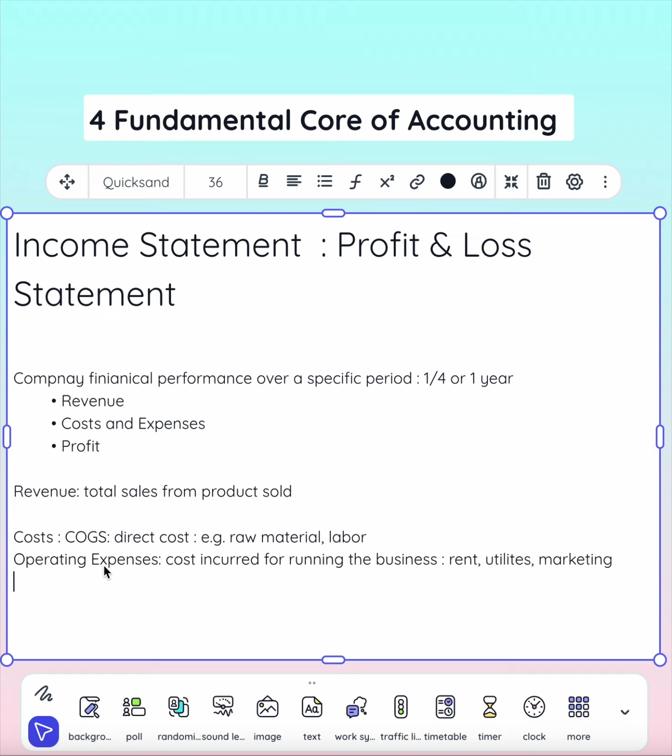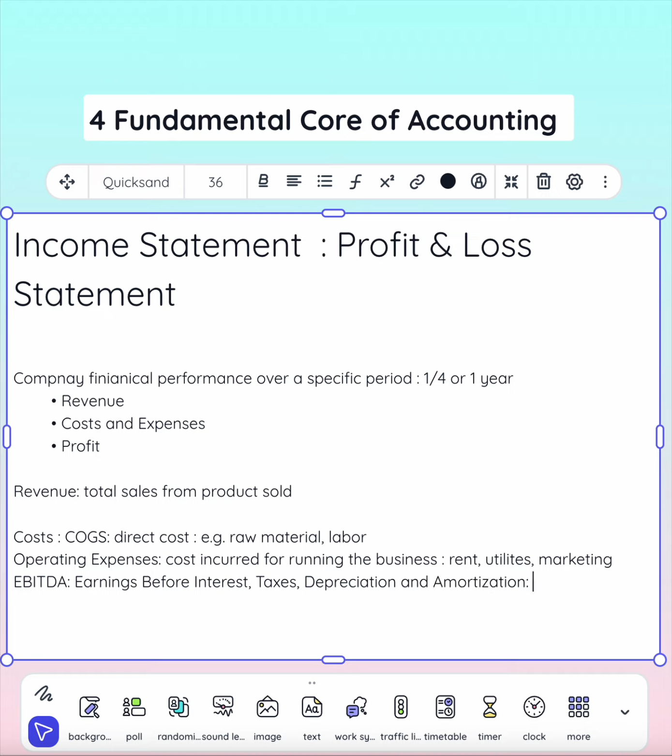Then you have EBITDA: earnings before interest, taxes, depreciation and amortization.